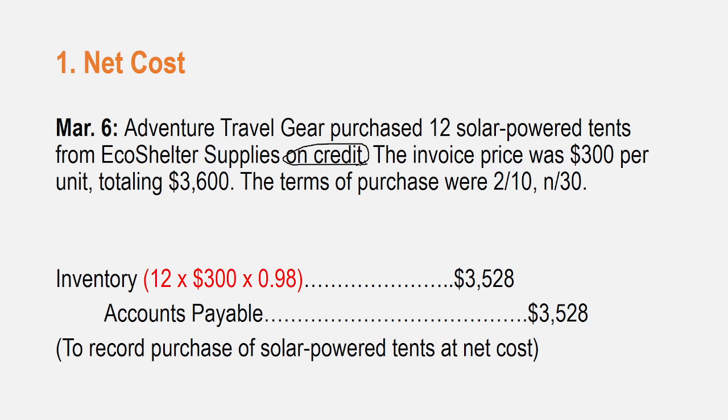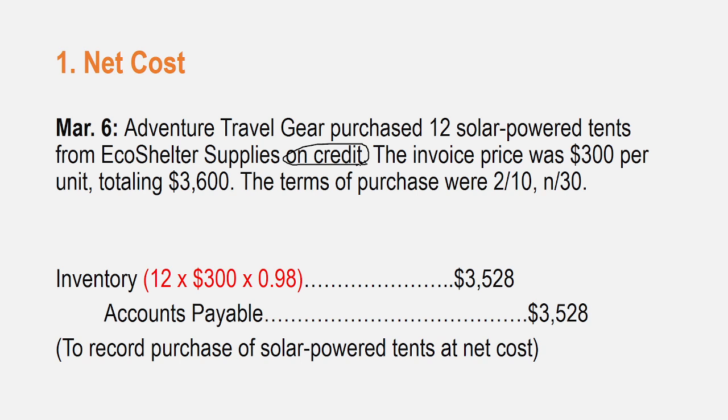Multiplying this net cost per unit by the quantity purchased, in this case 12 units, gives us $3,528 to record. This $3,528 is the total amount that Adventure Travel Gear owes after applying the discount.